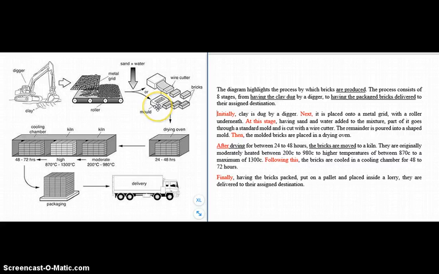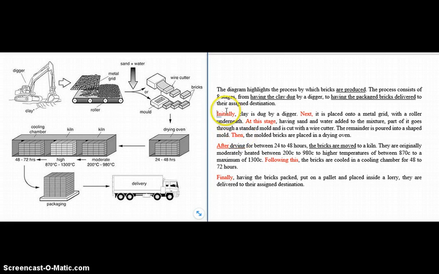So we're just going to try and use our own descriptions to the best of our knowledge. And you might have noticed that I've written mold, M-O-L-D, whereas the diagram has used M-O-U-L-D, and that's fine because M-O-U-L-D is the British spelling and M-O-L-D is the American spelling.